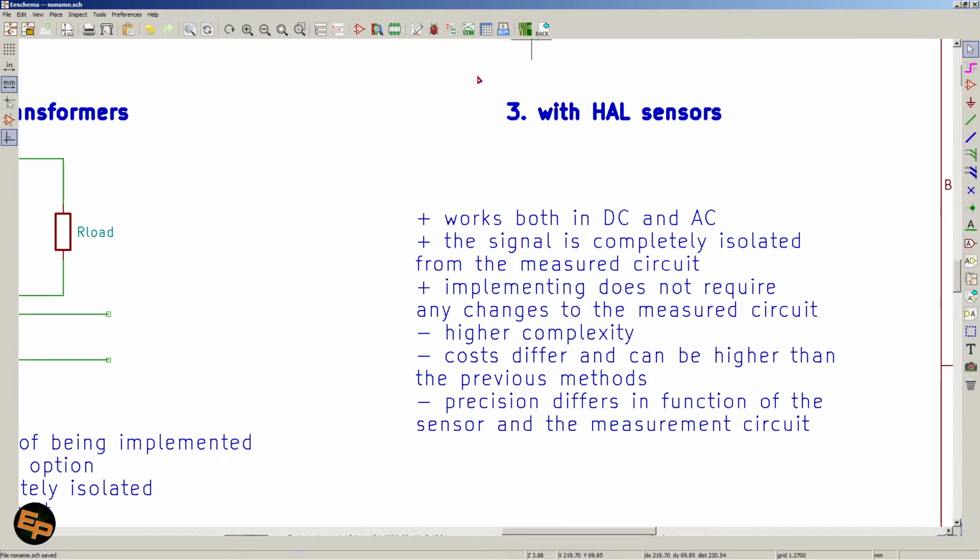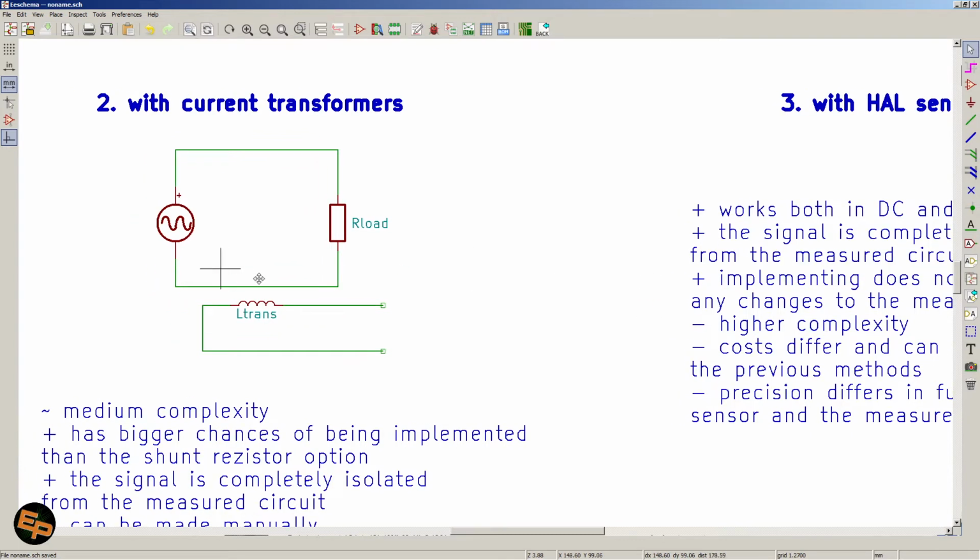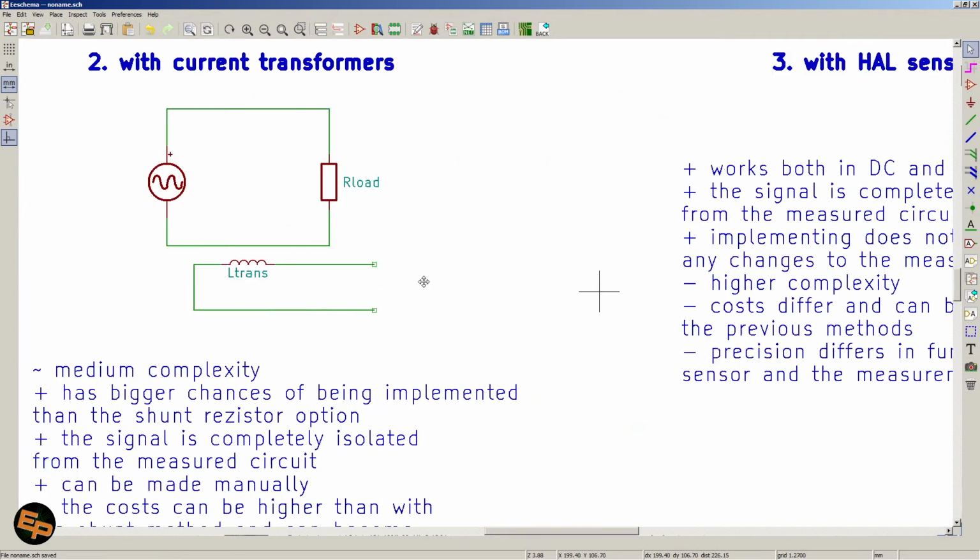They need to take that signal from the Hall sensor and amplify it, and maybe even perform other operations on it in order to bring it to the point where it is usable. So we would need to bother with designing a Hall sensor measurement circuit that has a much higher complexity than the circuit needed with a current transformer or with a shunt resistor.